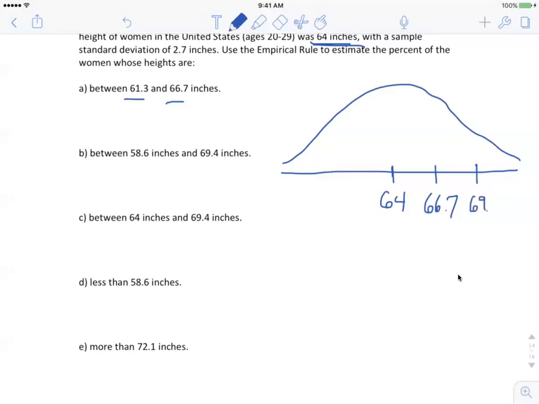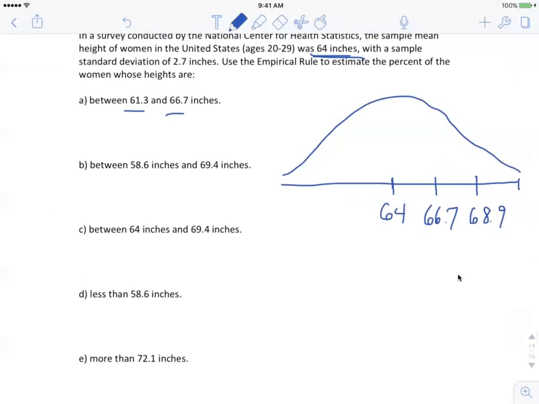No, it wouldn't. 68.9. Right, adding 2.7. Add 2.7 again. We're kind of running out of room here. Adding 2.7 to that would be 71.6.